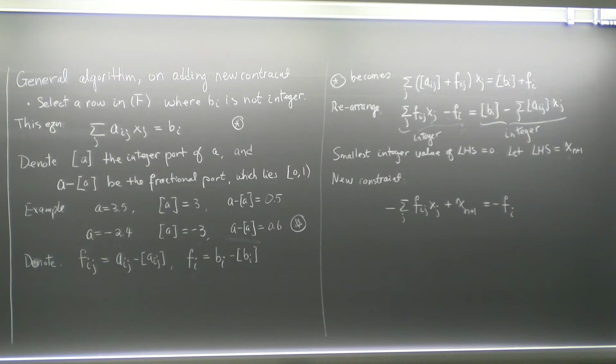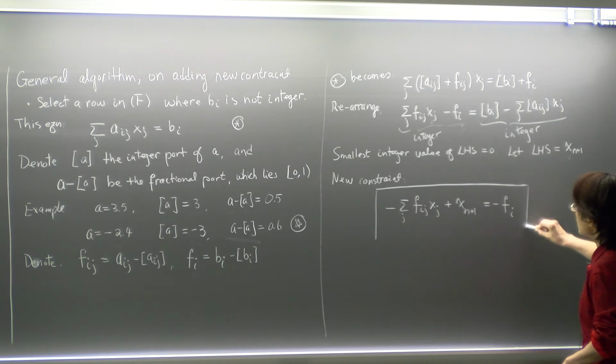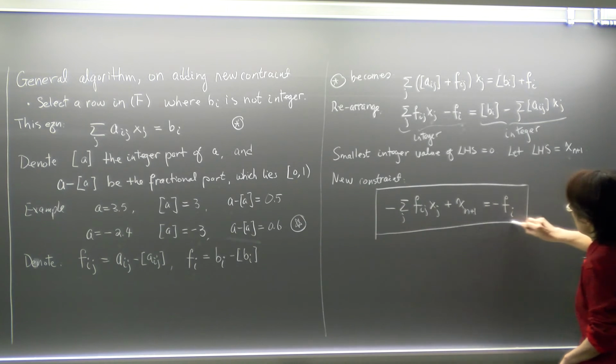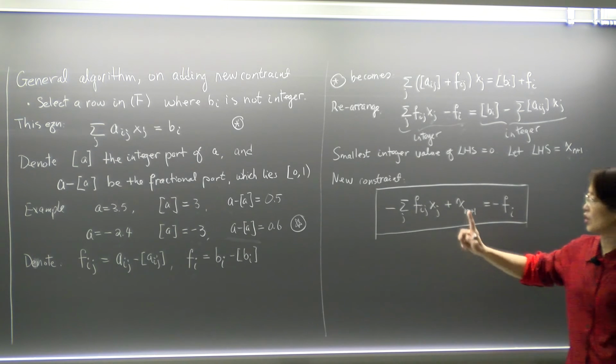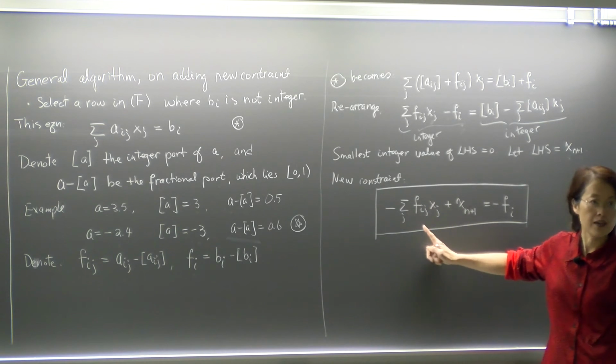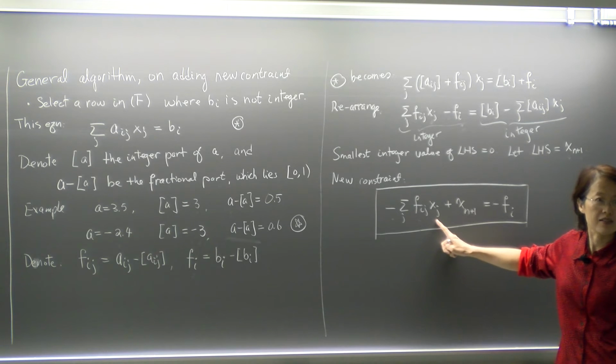So let me block this. All this discussion in the end leads to this choice of the new constraint. Looking at this and seeing what it says: your new constraint will be that row in the final tableau, and you go through each element of A and you take out its fractional part and make it negative times that x.